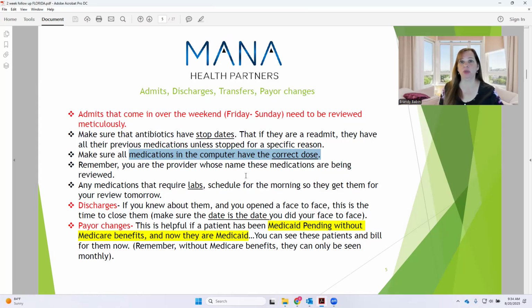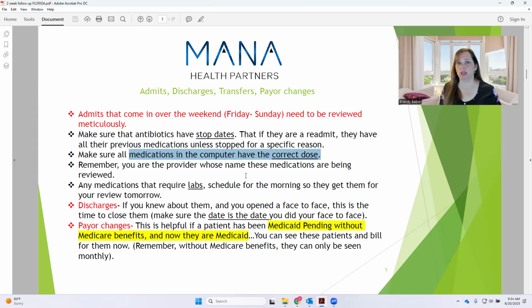So if they've put in Remeron and there's no 7.5, and they don't know how to put in a 7.5, they might just put in the Remeron, and then under dose, they might put 7.5. That order needs to be adjusted. The pharmacy needs to know what medication to administer, not 7.5 of something. Is it a 7.5 tablet, or is it a 30 cut in quarters, or is it a 15 cut in half? So make sure that the medications have the correct dose on them.